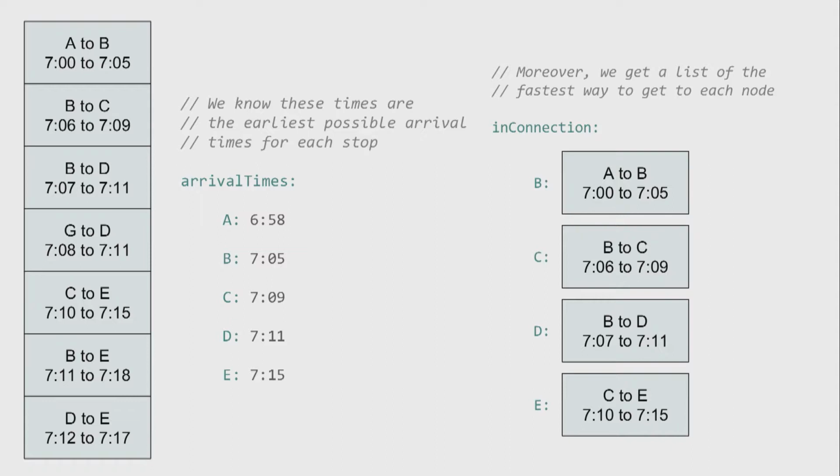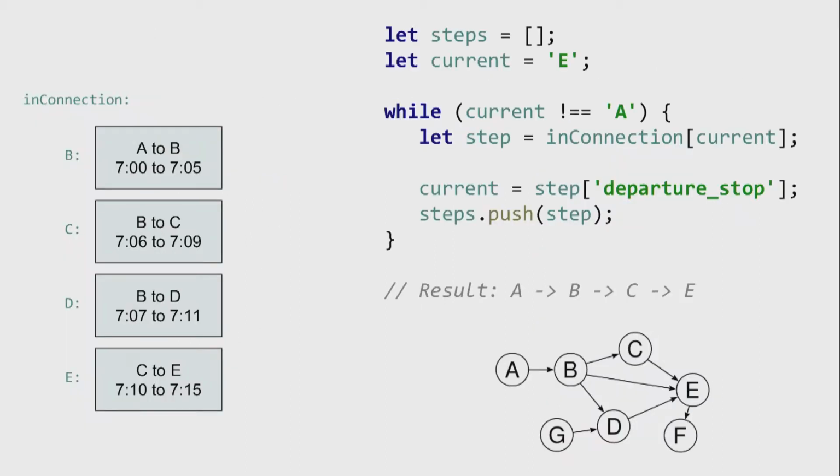To go to C, it's through B, to D, it's through B, etc. And using this list, if we want to go to E, we iterate over the list from E. The best way to go to E is from C, so we check where the best way to go to C is. So we have E, C, C, B, and B, A, and we get the result that A, B, C, E is the best way to go.